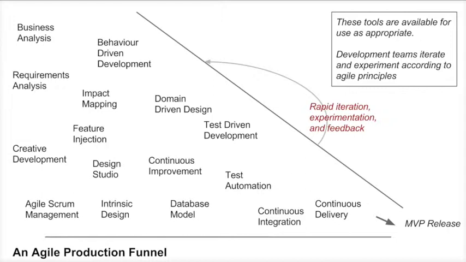So the tools are available as needed. The idea is to allow for the flexibility that Agile promotes. I think that actually helps with productivity. And certainly development teams iterate and experiment according to Agile principles.